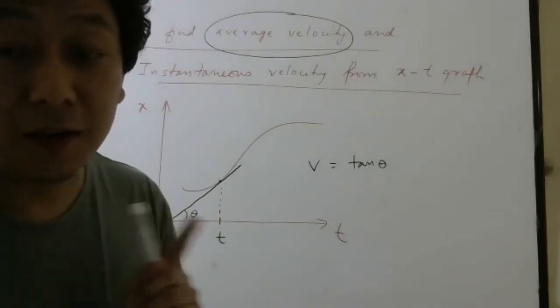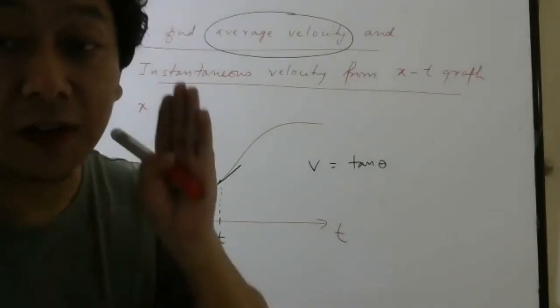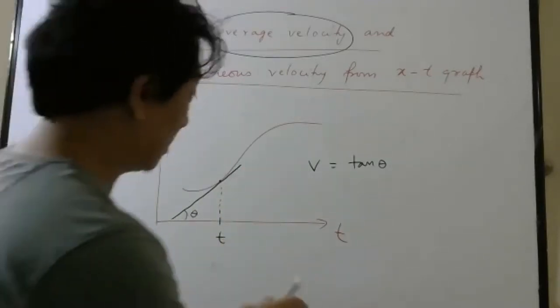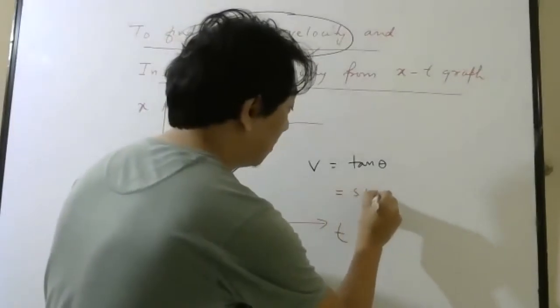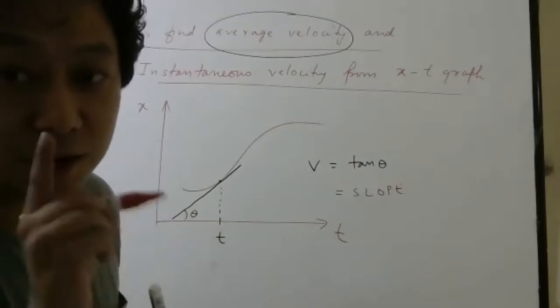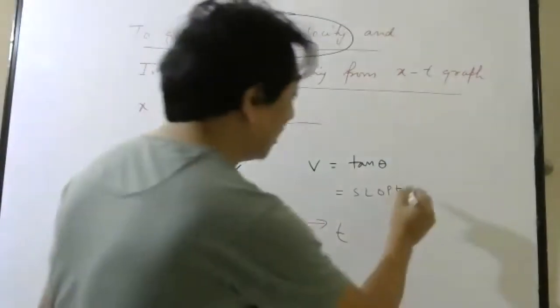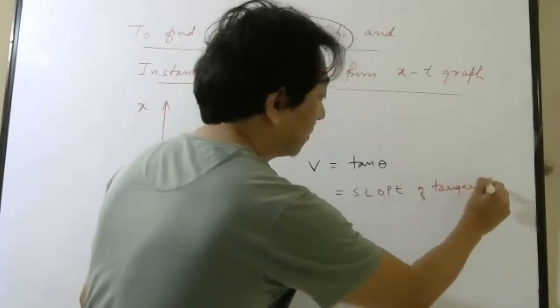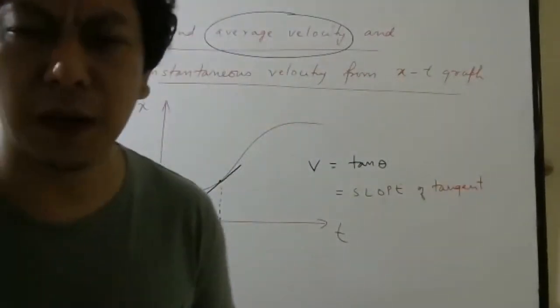The first one was the slope of the line joining 2 points. This is the slope of a line which is touching only 1 point, because we are talking about instantaneous. So we call it the slope of tangent. Students, you have to memorize this.